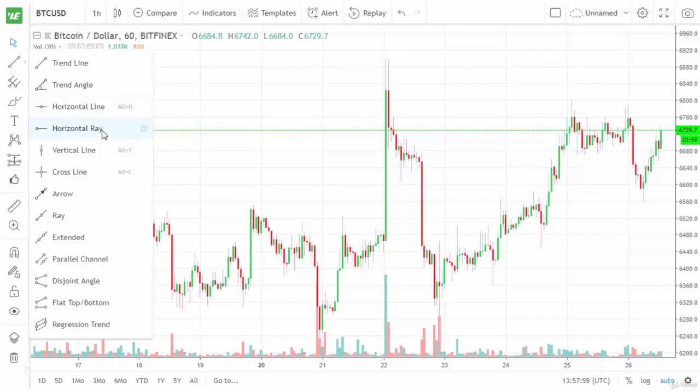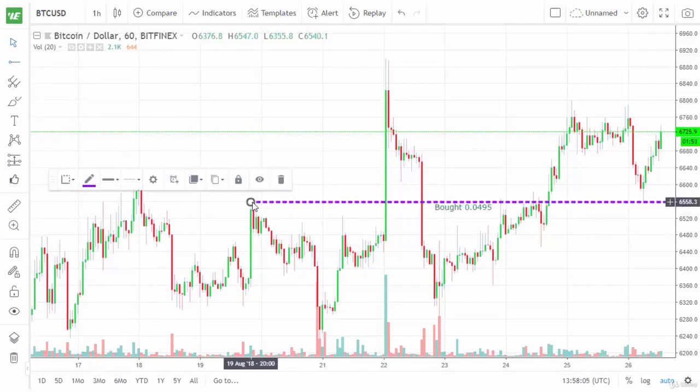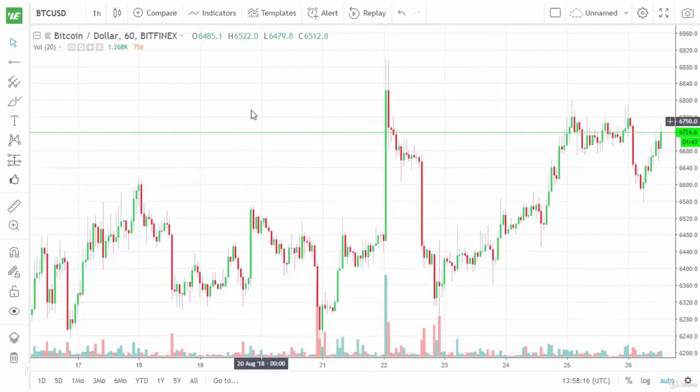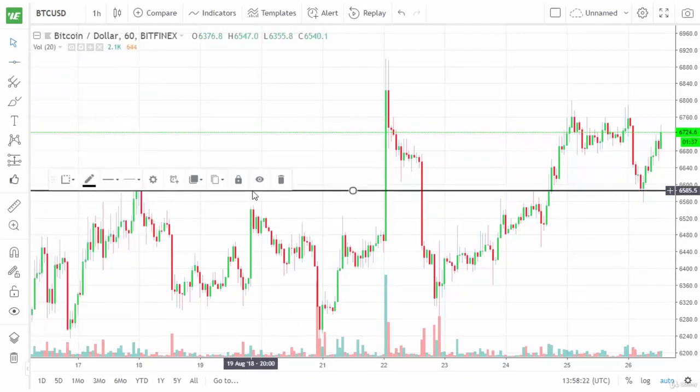A horizontal ray is just a line that starts where you click it. So let's say here, and you can see that you can mark it, and you can see that it goes through from that point on. Let's go ahead and remove that. Typically, you'll see it drawn as a horizontal line though. So again, let's draw that horizontal line.